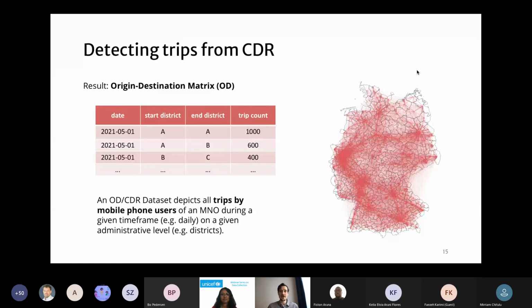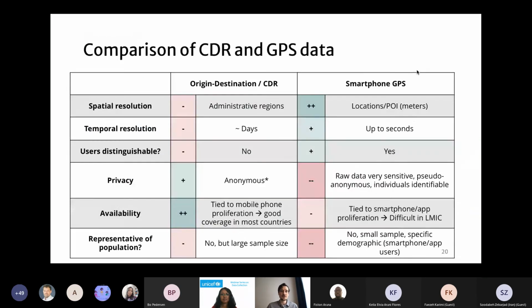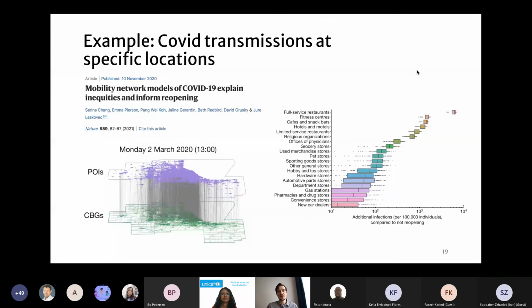For example, SafeGraph published one data set last year, specifically to help with COVID research. And this is the data set that the study I've shown was based on. So this data set was published by SafeGraph.